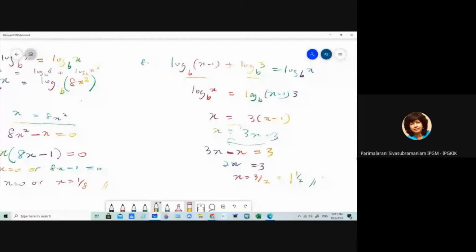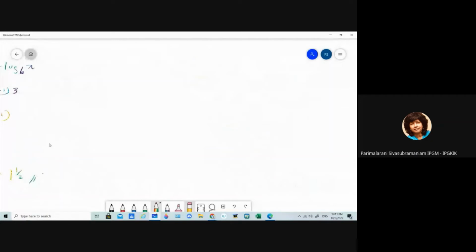Okay, let me do just 1 or 2 more examples. Okay, then we simplify this: log of 8x to the power of 1 over 3, base 2. We want to simplify it to the simplest form. When you have a log with an exponent, the most natural thing is to bring it to the front first.